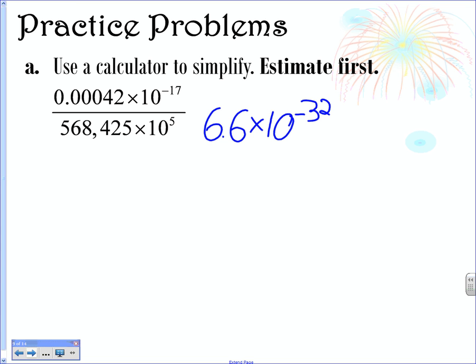Okay, so what would you get for your actual answer? Did y'all get 7.4? Okay, yeah, then y'all figure out if y'all got it right. I'm not going to say if Jonah did that correctly or not.